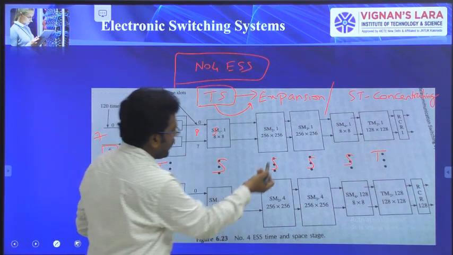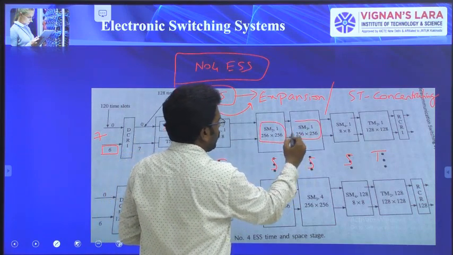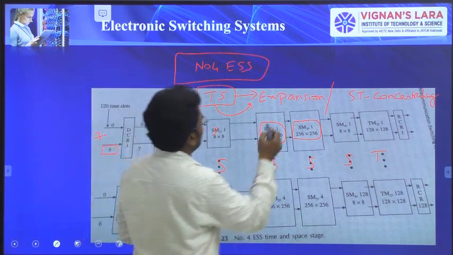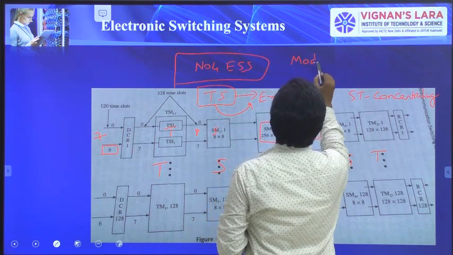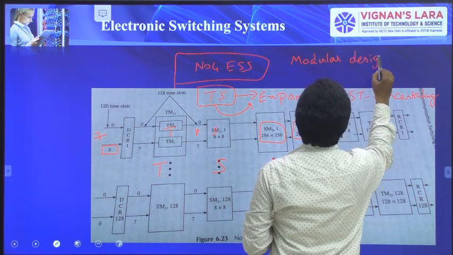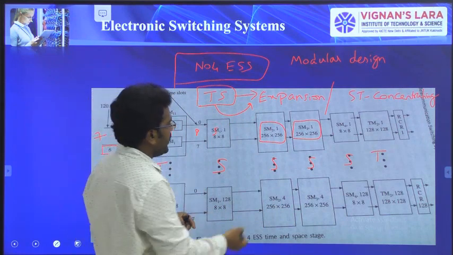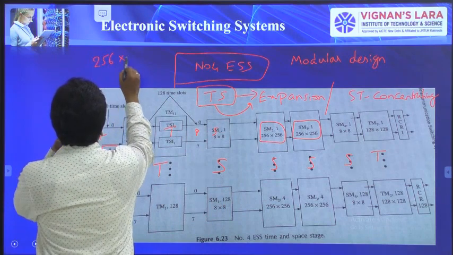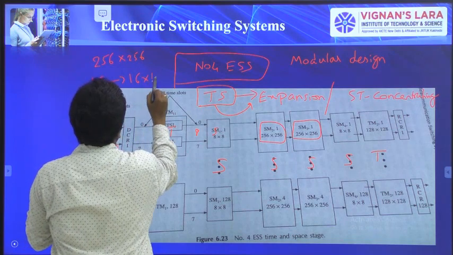If you observe in between, we have used a 256 cross 256 space array. One more point I will discuss here is that we can design these structures in terms of modular design. What is the meaning of modular design? Modular design means we divide the inlets and outlets into small modules. Here, to construct this 256 cross 256 structure, we have used 16 cross 16 switches.